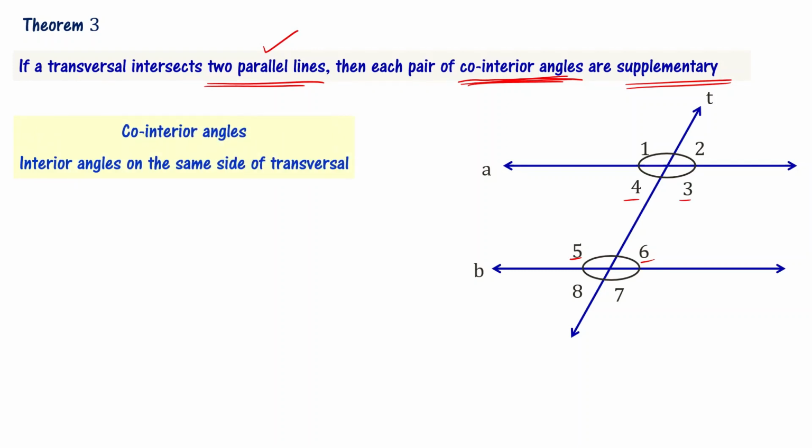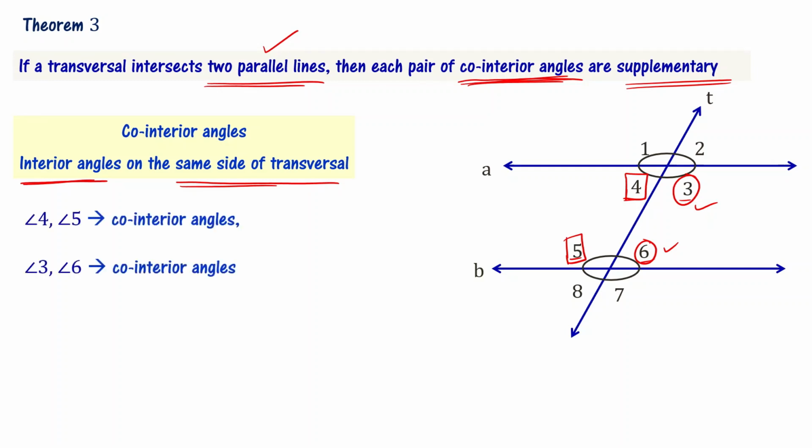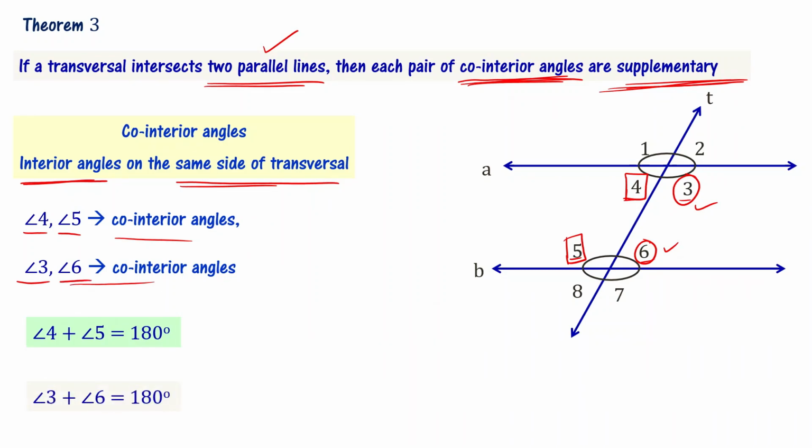Co-interior angles are the interior angles that are on the same side of the transversal. అంటే 3 and 6 are on the same side of the transversal, right? 4 and 5 are on the same side of the transversal. That's why 3 and 6 are one pair of co-interior angles. Angle 4 and angle 5 are another pair of co-interior angles, right? Now they are supplementary. It means angle 4 plus angle 5 is equal to 180 degrees and angle 3 plus angle 6 equal to 180 degrees. Understood?